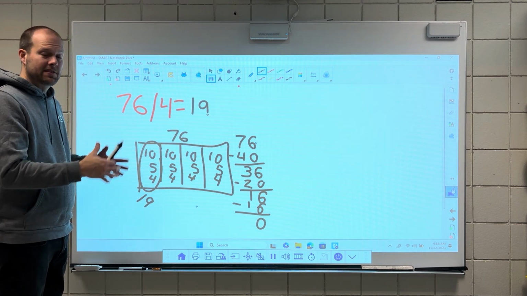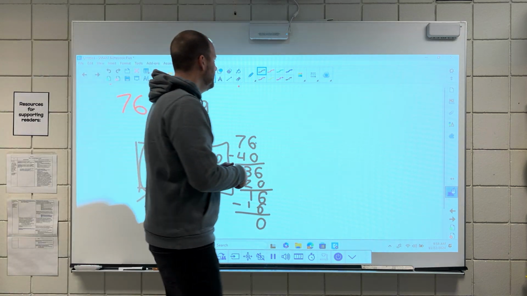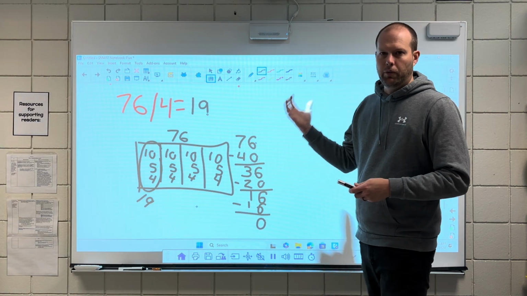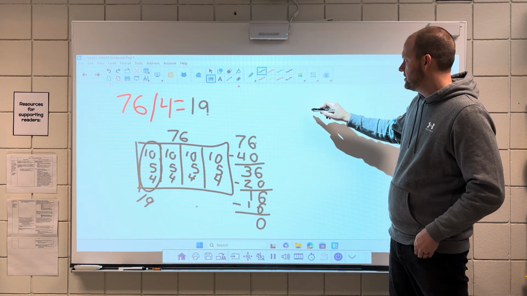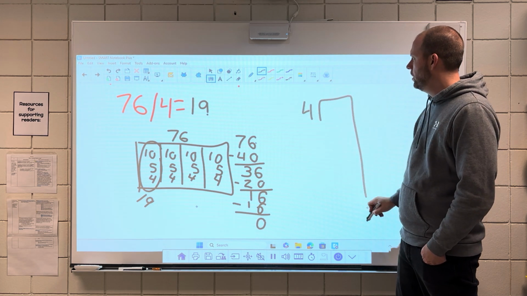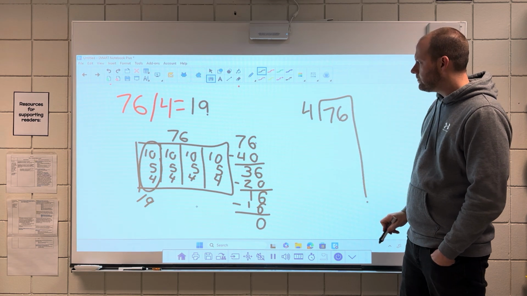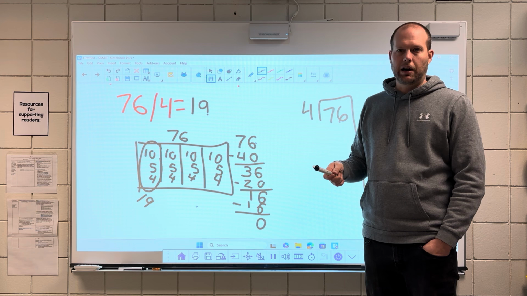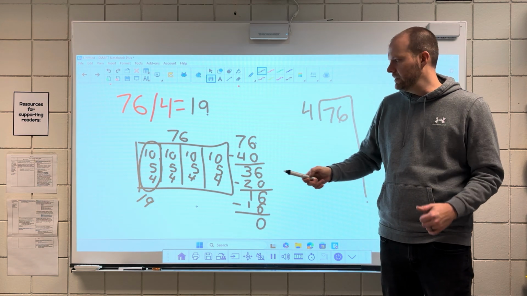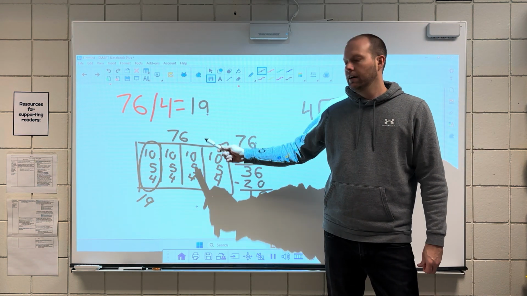Okay, so that's the bar model, the previous one. I'm going to do the same problem but with partial quotients to show you what that looks like. Partial quotients is very similar to long division, except it's much more forgiving. So if students don't know their multiplication problems, they can do it piece by piece, just like in our bar model.